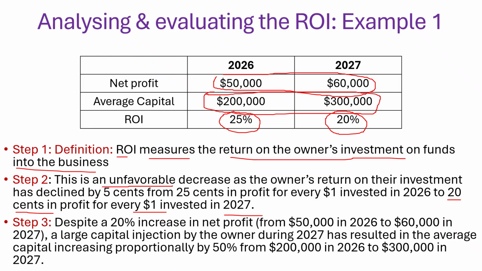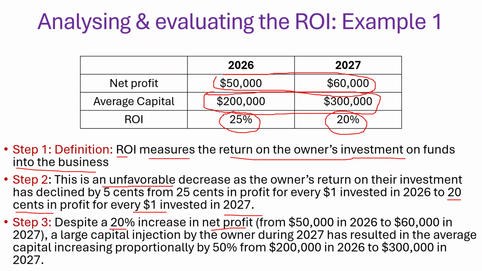So we've actually got the calculator out and measured we've had a 20% increase in profit from one year to the next. So a $10,000 increase, we divide that by 50K, and that's a 20% increase if we get busy on our calculator. But if we look at the increase in our average capital, that's gone up by 50%. So half of 200,000 is 100,000.